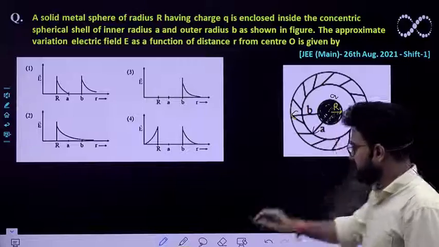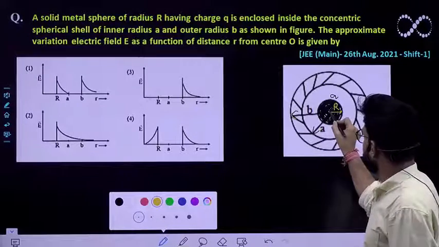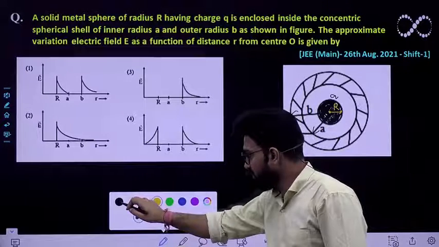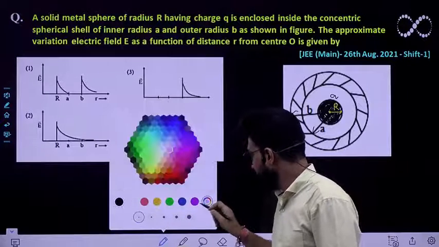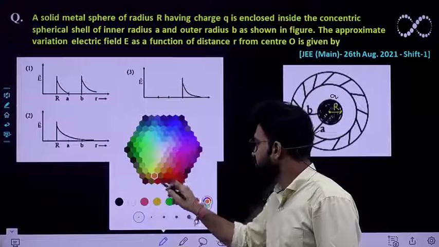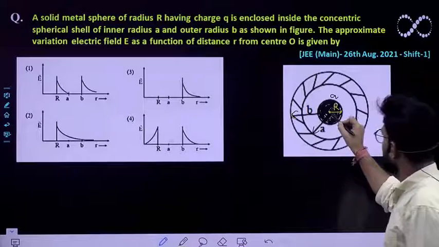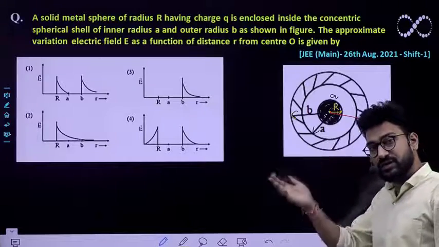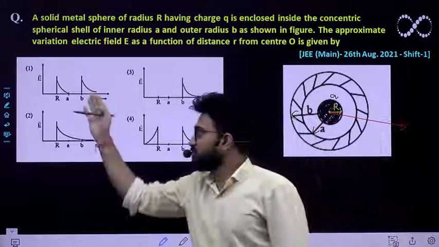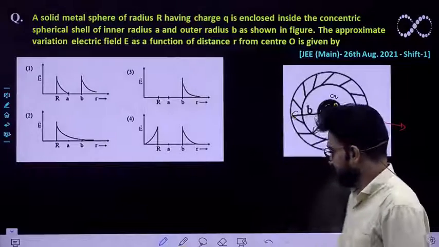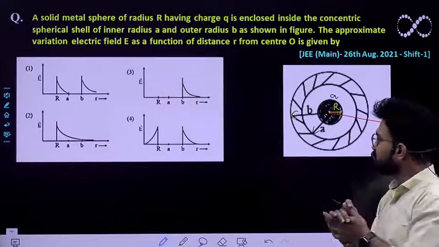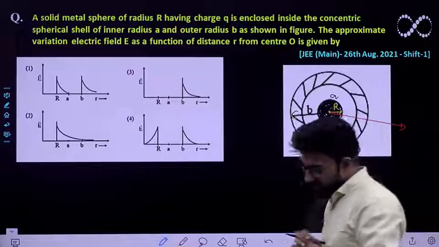This is the center from where you measure the distance, and you keep going away. This question can be visualized in two ways.